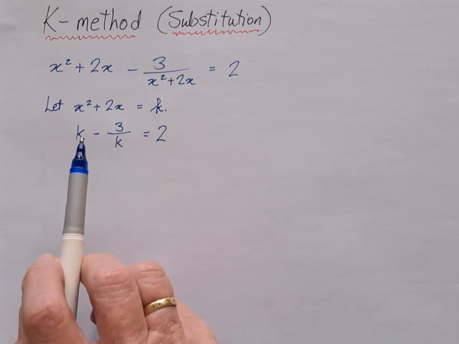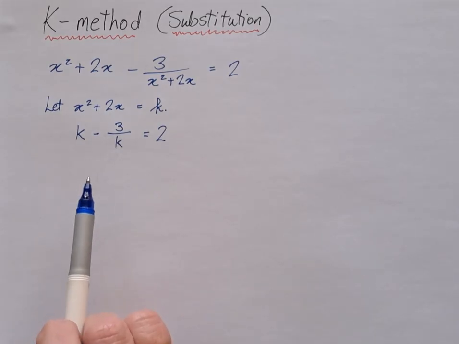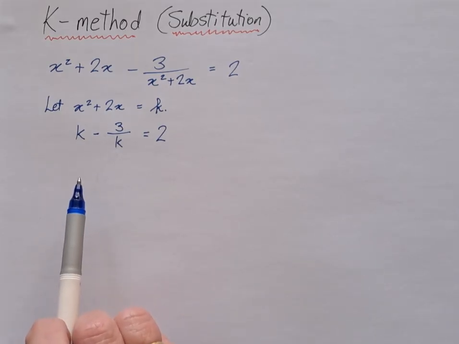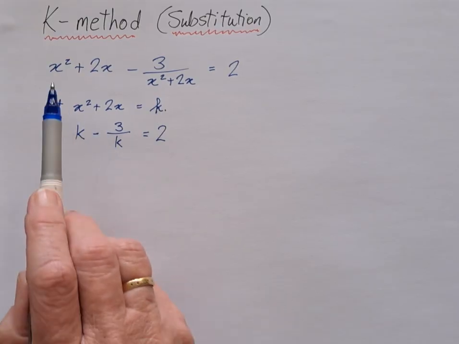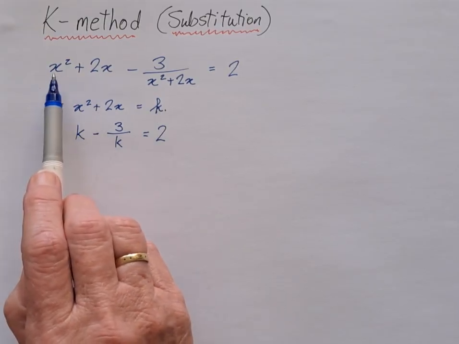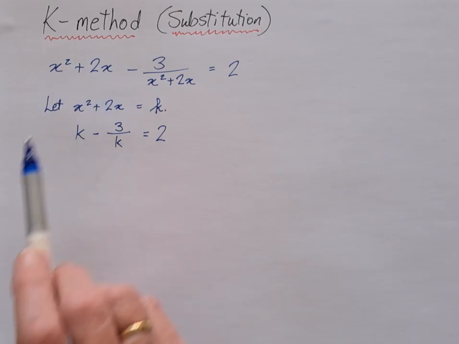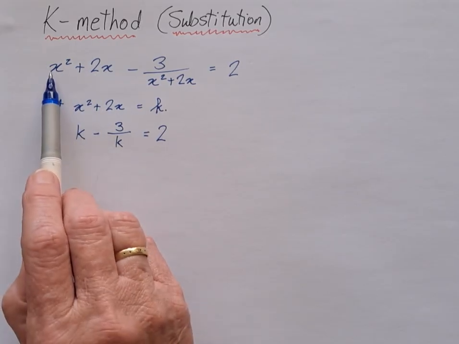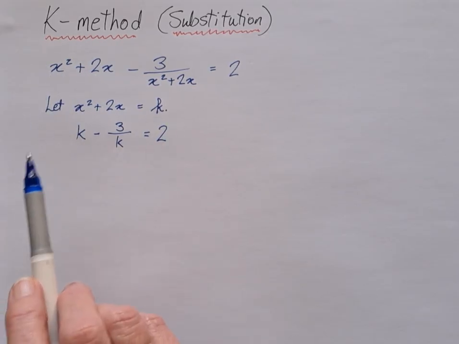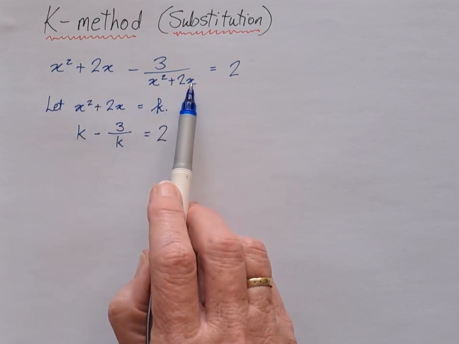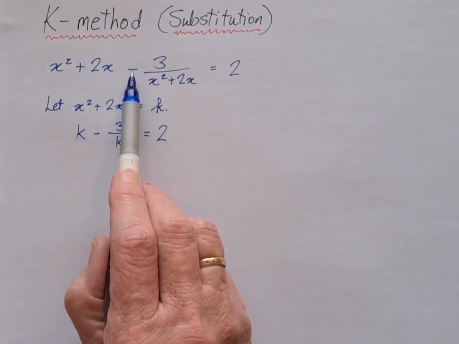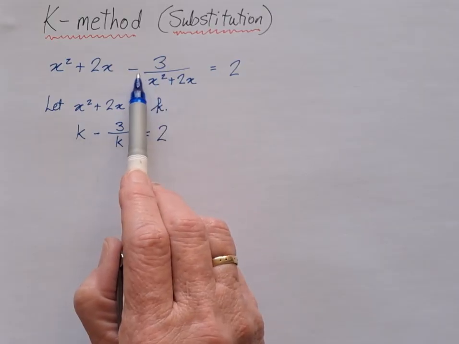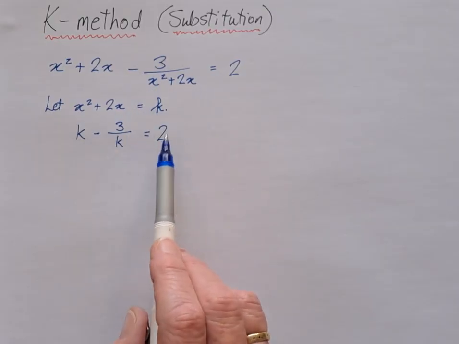So just to go through that again, the important thing here is that you have to decide what you are going to set equal to K. And it's normally an x squared and an x term, in other words, two terms, but they have to be repeated somewhere in the equation. And here we can see the repetition. So wherever I see that, I write K minus 3 in the numerator, K equals 2.